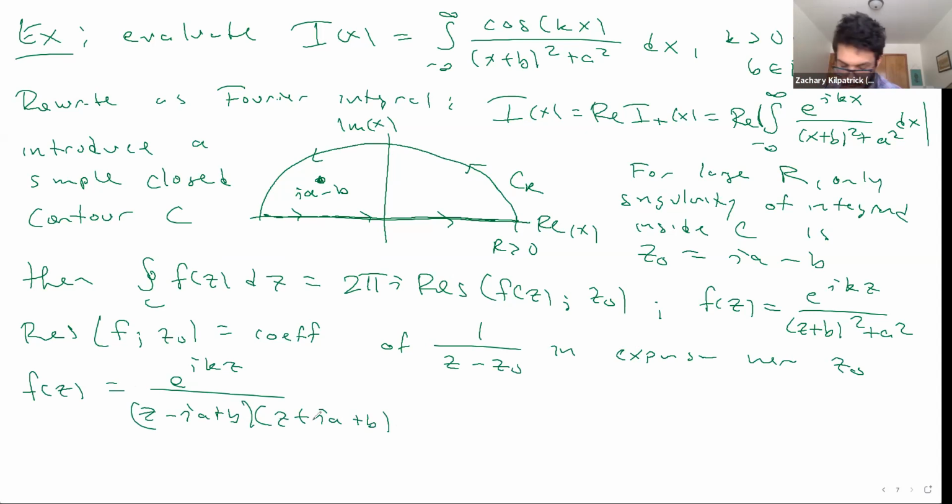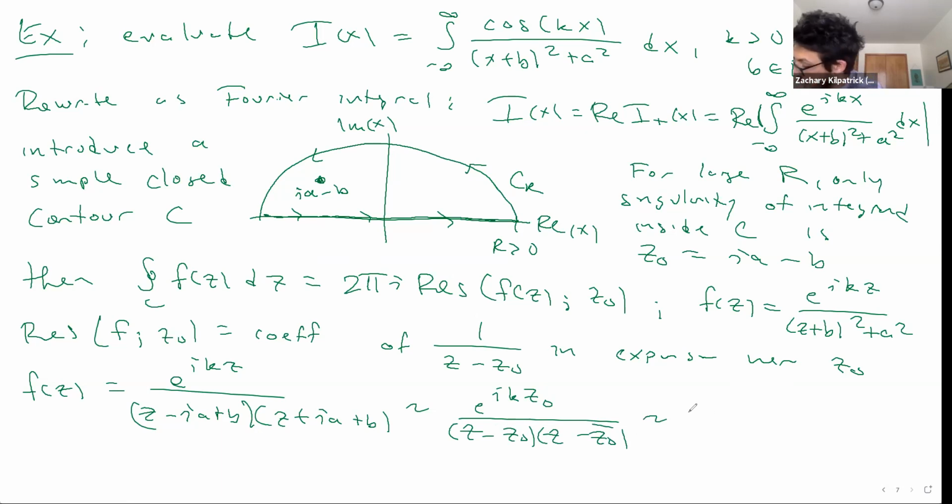That second factor is the singularity that lives outside. To leading order, we can approximate this as e to the i k z0 divided by (z minus z0)(z minus z0 conjugate). The leading order is then e to the i k z0 over 2ia, if we just split it up by partial fractions, 1 over z minus z0.